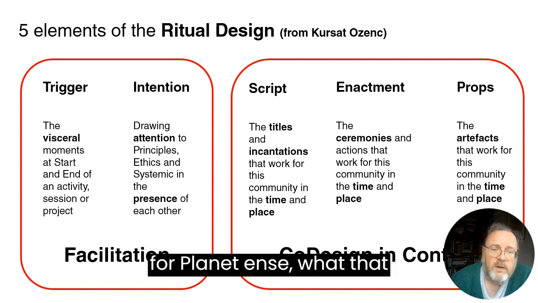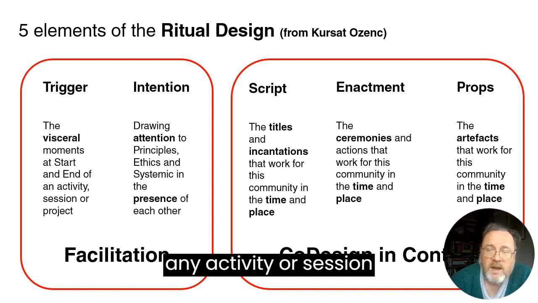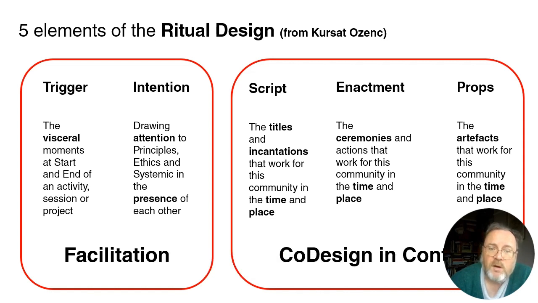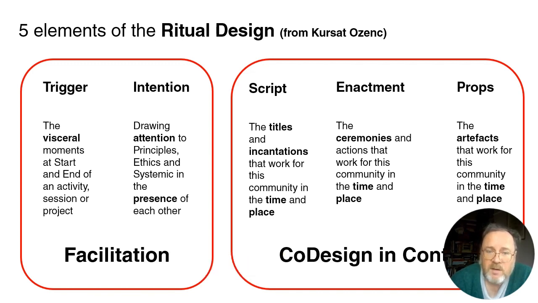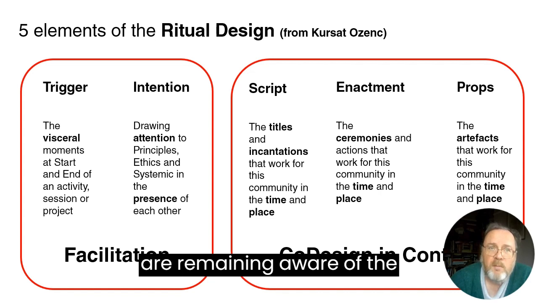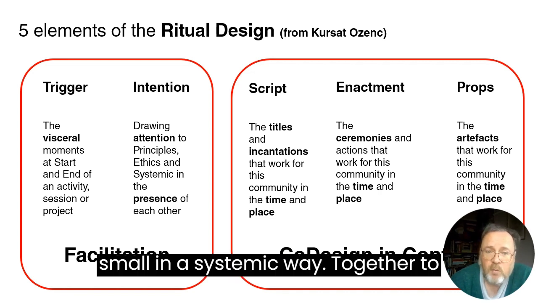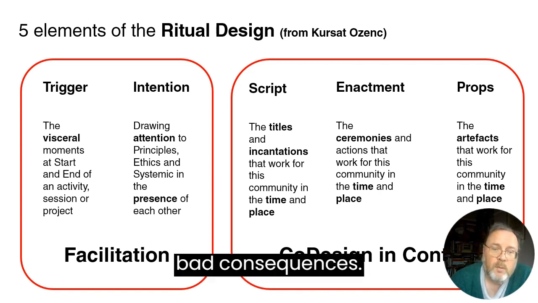Within this project, within the Design for Planet sense, what that means is that we need to have a trigger both at the beginning and end of any activity or session or project, that the ritual should occur at that start and at that end, that there should be an intention, that we draw attention back to the principles, back to the ethics, and back to the systemic in the presence of each other to make sure that we are remaining aware of the importance of the ethics, of the ecologies, of the vast and the small, in a systemic way together to ensure and attempt to prevent bad consequences.